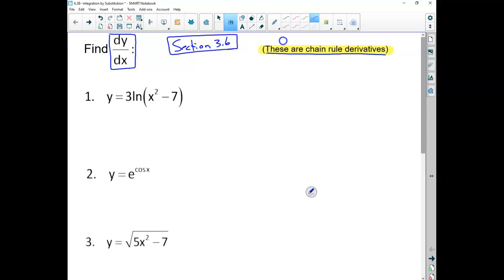So take a second, hit pause, do these, see if you can remember these chain rule derivatives, because if you can't do the chain rule derivative, you're going to have a ridiculously hard time doing integration with the chain rule, and that's a special process called integration by substitution. It makes it easier. Okay, so find your derivatives.